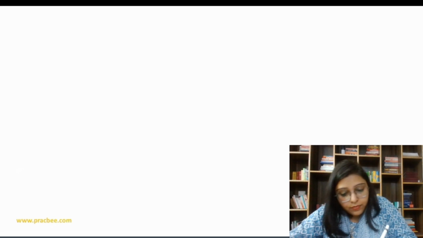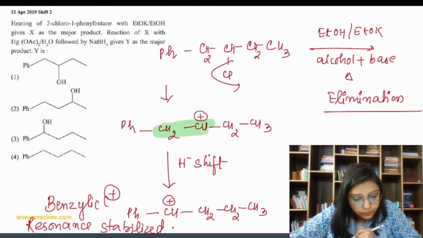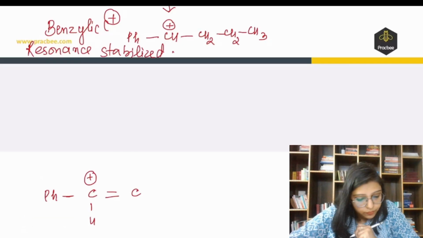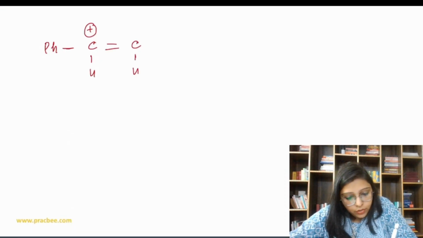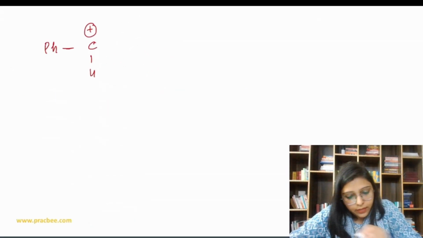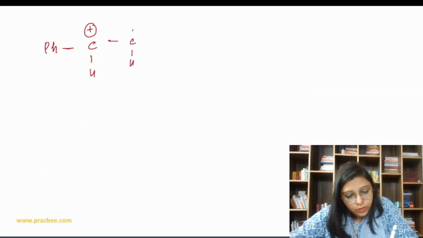So see, we have this phenyl, we have C, H positive, and then C positive, H, then CH2, CH2, CH3.